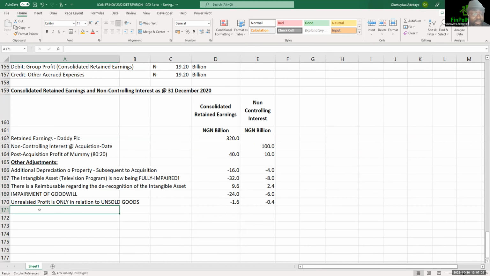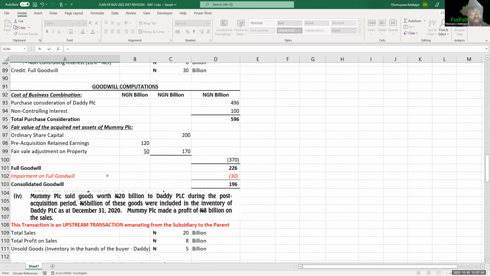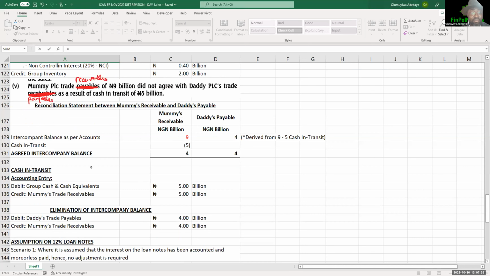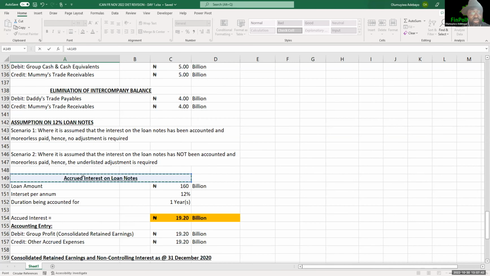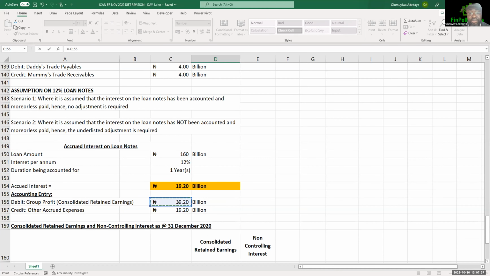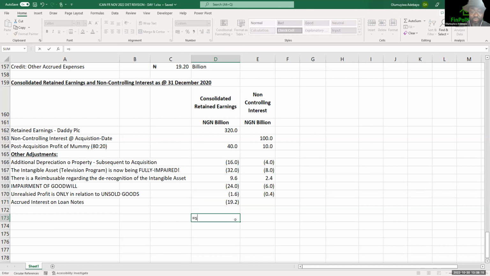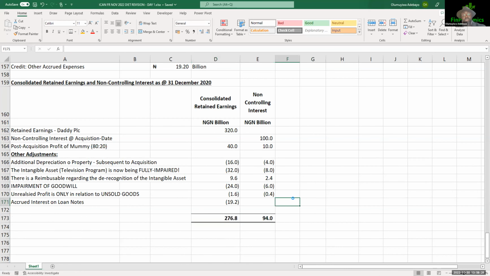Okay. What other adjustments? Okay, these are balance sheet adjustments. The last adjustment is accrued interest on loan. And that is to the parent. All things being equal, okay.